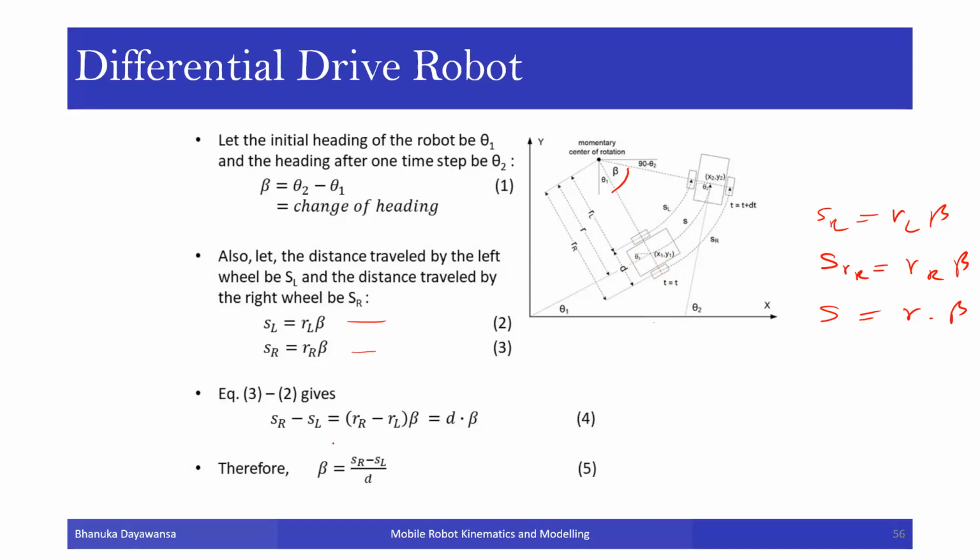So you deduct those two, you will get RR minus RL times beta, right? RR minus RL, you can see, is this distance, the width of the robot, right? You get the width of the robot D times beta. And then you can isolate beta by dividing the entire relationship by D. Just forget this part. Divide by this, you get beta, right?